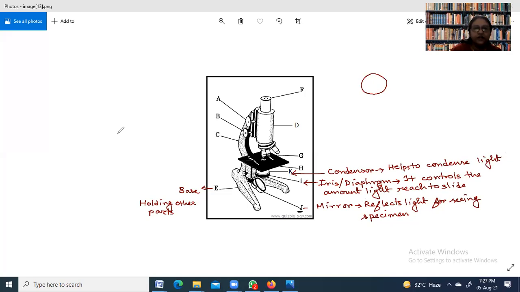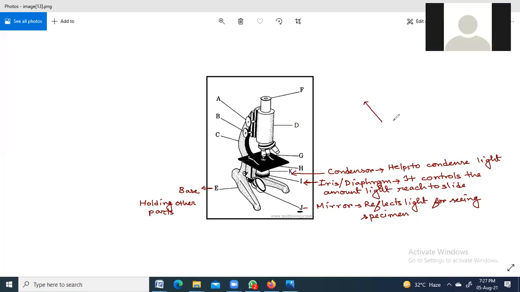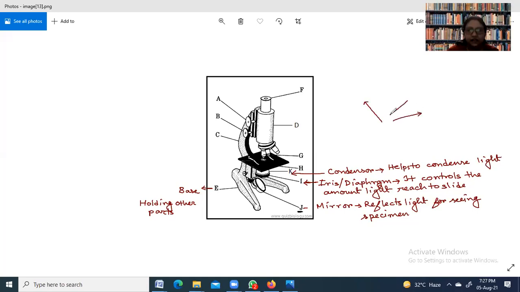The meaning of condensation of light I wish to share with you is, whenever light rays are coming from a source, they are coming in all directions, isn't it?